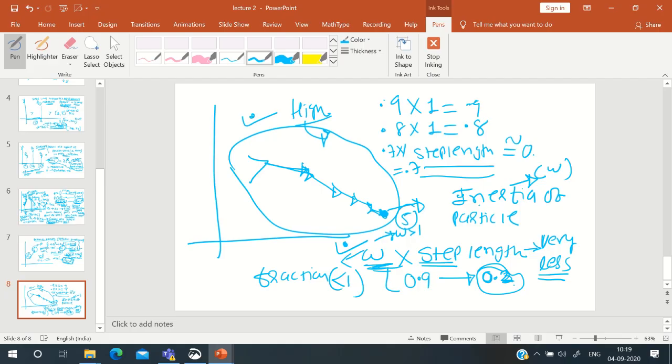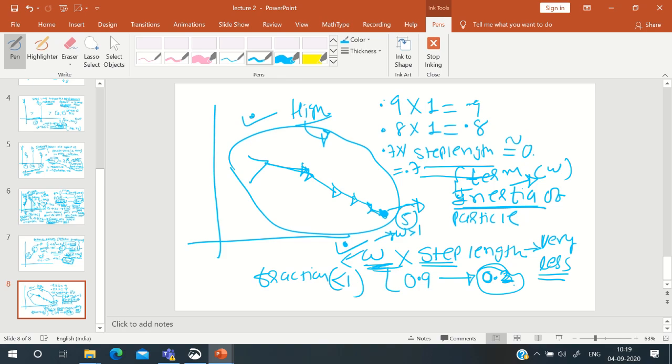And this concept is related to the inertia term. It is also called the inertia term. In many algorithms, you will find this concept of inertia of the particle or inertia of the solution. Right? So we had seen these three concepts.